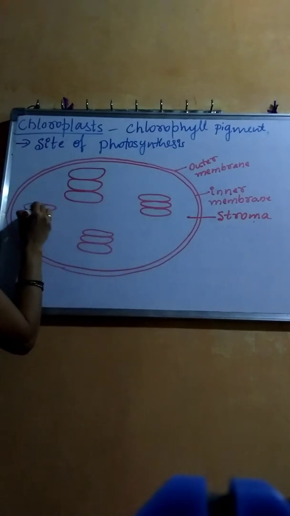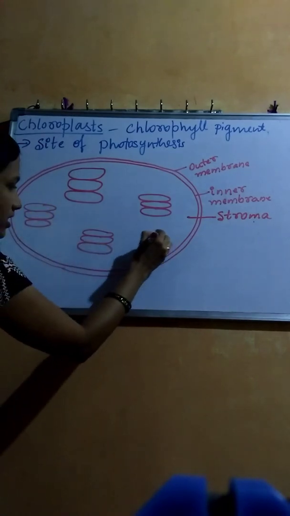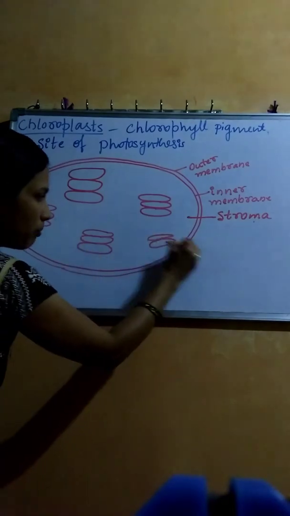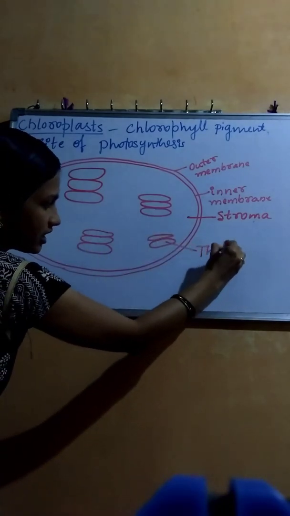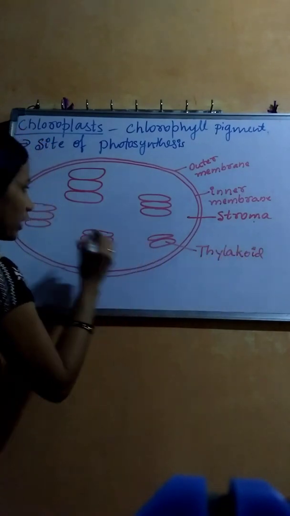Each membrane bound flattened sac is called a thylakoid. See, this is the thylakoid.